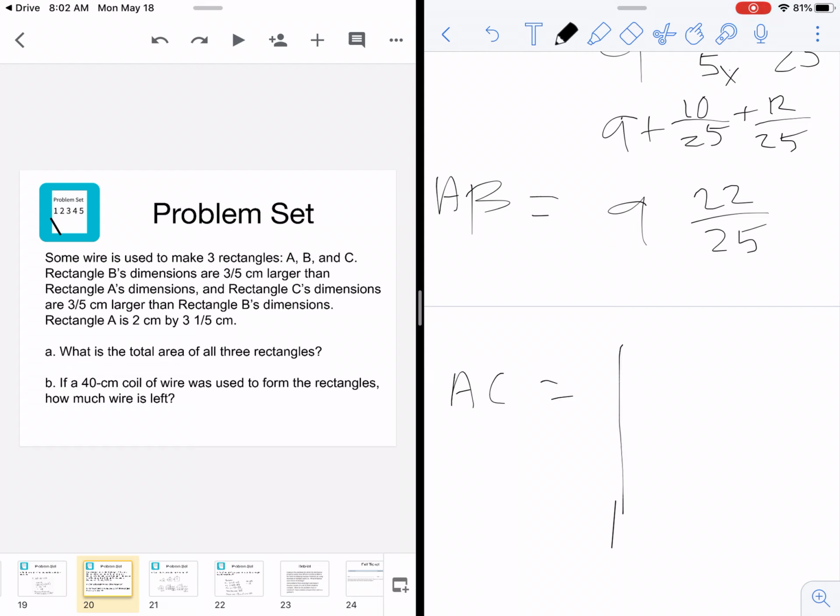an area model. I have 4 and 2/5 and 3 and 1/5.